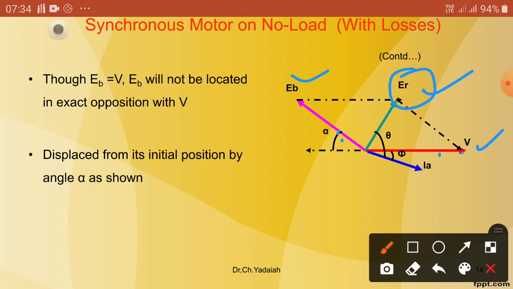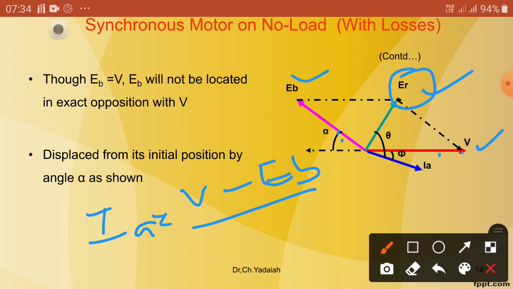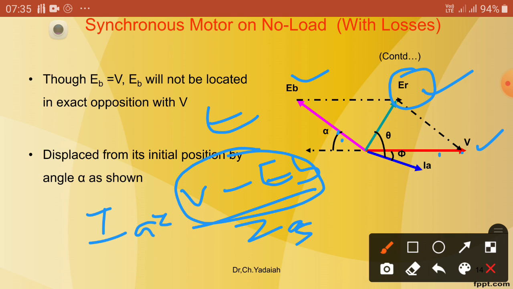So, the resultant voltage induced in the rotor. In formula, what will happen? Here IA is equal to V minus EB by ZS, the synchronous impedance. Now in this case it is not equal to 0, it has some value, that we can say ER.